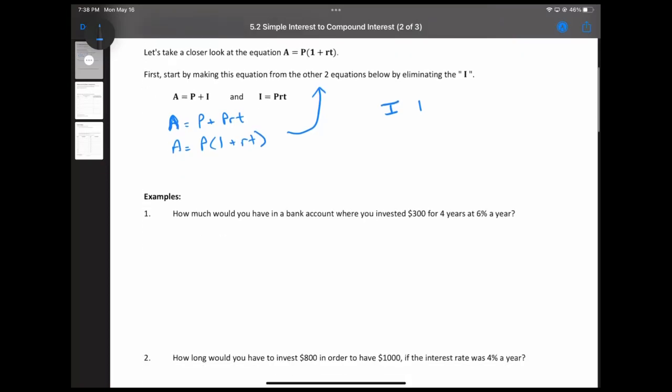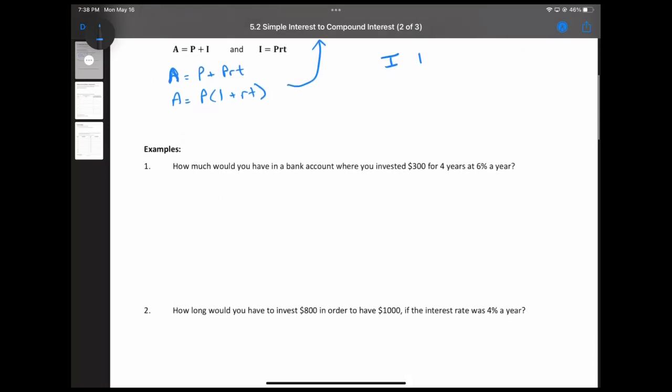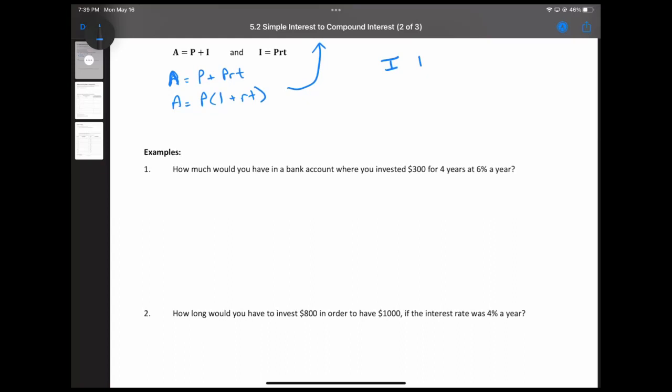So let's see how this works with our new equation. Question 1. How much would you have in a bank account where you invested $300 for 4 years at 6% a year? So the first part here is saying, how much would you have in a bank account? Now this is assuming that you're talking about at the end of the investment, and that's our A value, our accumulated amount.